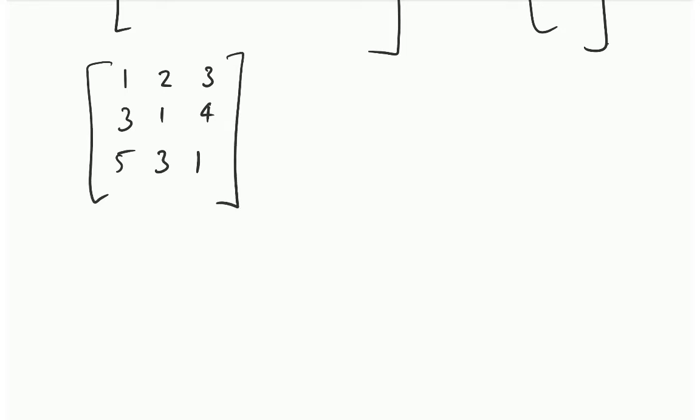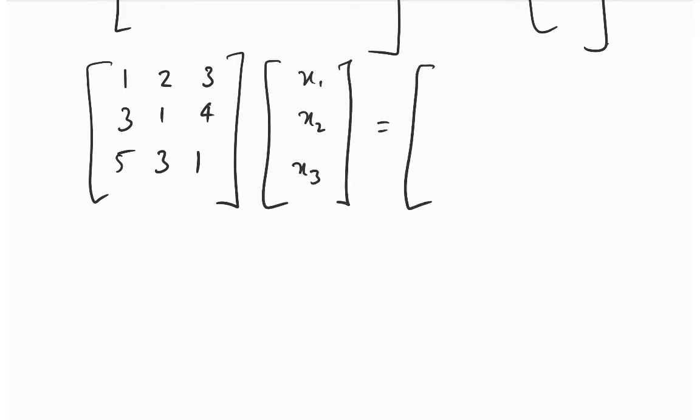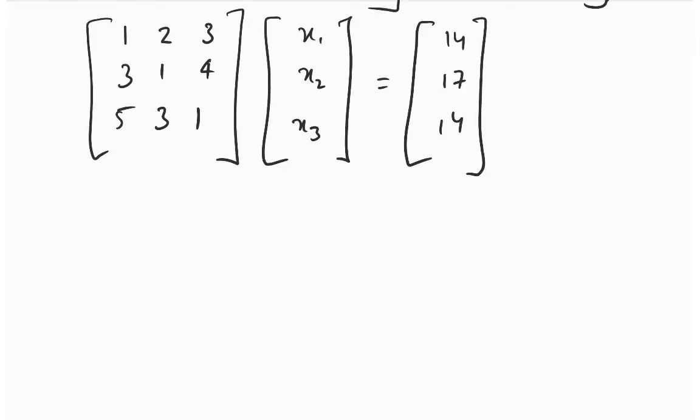So let's say that there are three equations and three variables, okay? So everybody understands what this is, right? This is x1 plus 2x2 plus 3x3 equal to 14, 3x1 plus x2 plus 4x3 equal to 17, and 5x1 plus 3x2 plus x3 equal to 14, right?